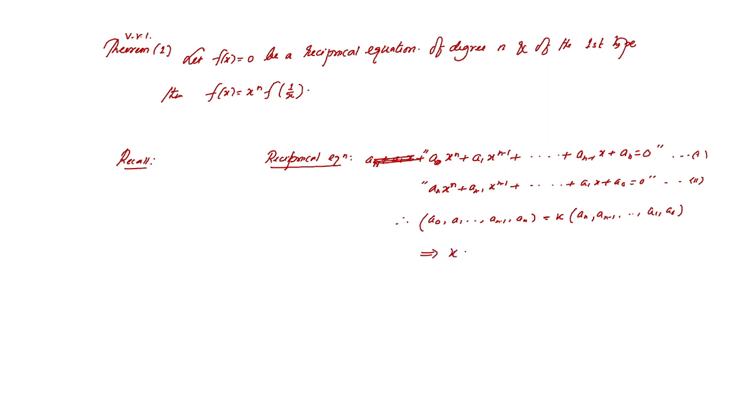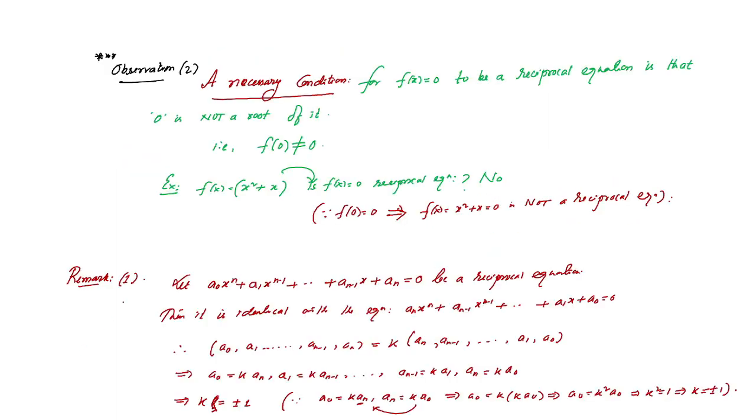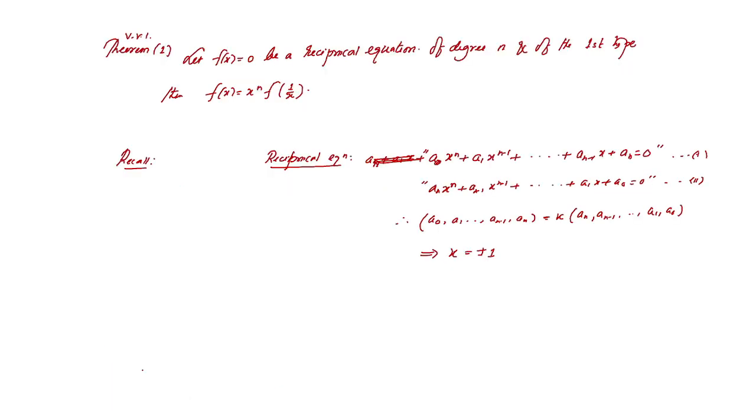And from this we get k equals plus minus 1, that we discussed here in remark 1. So what is the value of k? k is plus minus 1. Now we come to the two cases: case 1, if k equals 1, and case 2, if k equals minus 1.